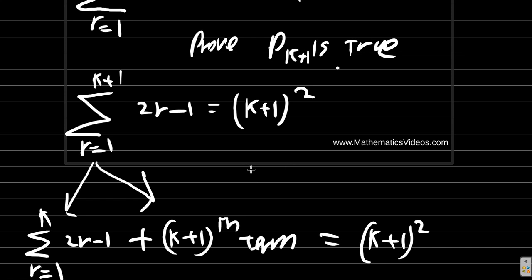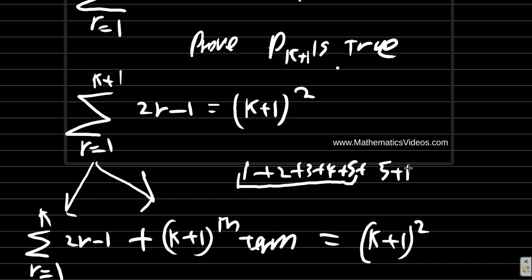It's similar to saying that you're summing from, say, 1 to 6: 1 plus 2 plus 3 plus 4 plus 5 plus 6. It's similar to adding from 1 to 5, and then later on you add the 6th term. Now what is the 6th term? Well, 6 is 5 plus 1. So in this case, you're adding up from 1 to k.